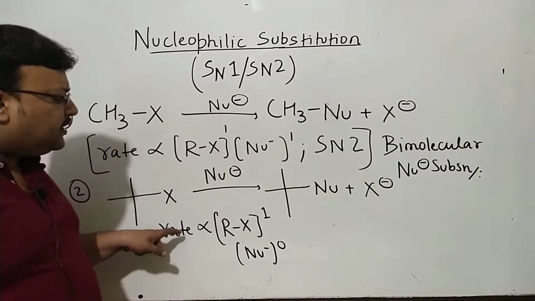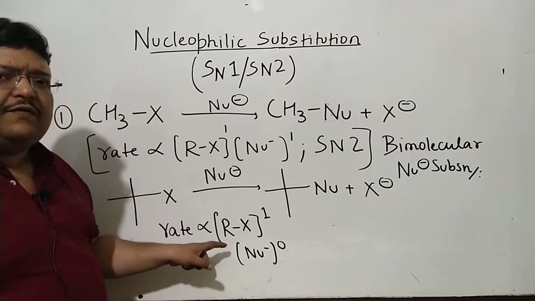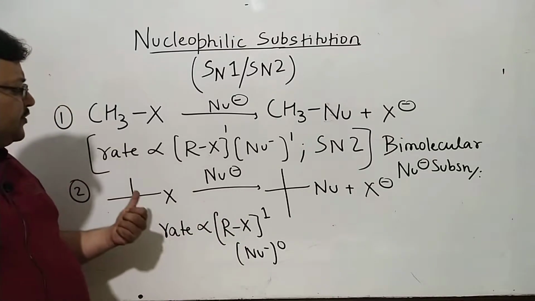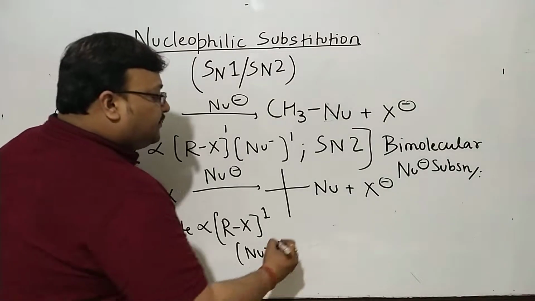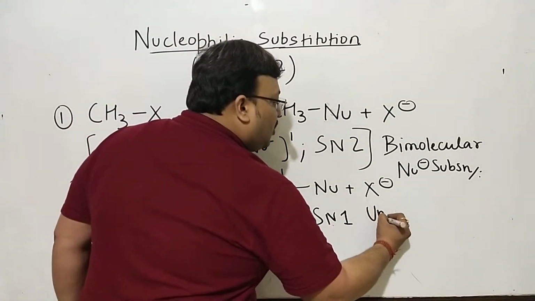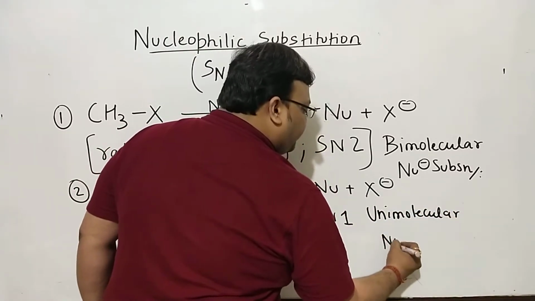The rate is independent of the concentration of the nucleophile. With respect to the nucleophile, the order is 0. So the order is 1 with respect to the halide, and this is when you will want to call it SN1. This 1 stands for order 1, or unimolecular nucleophilic substitution.